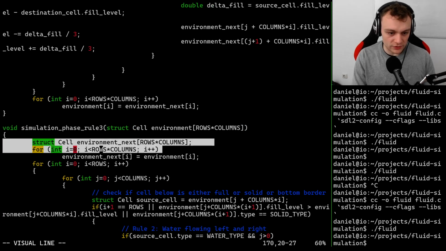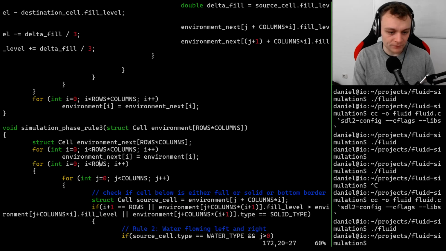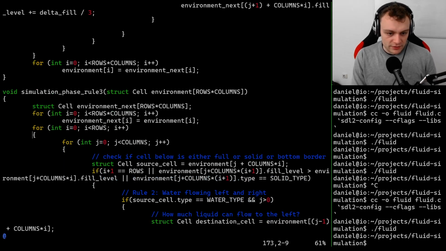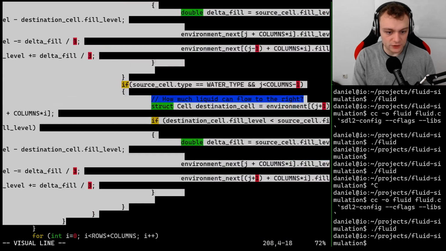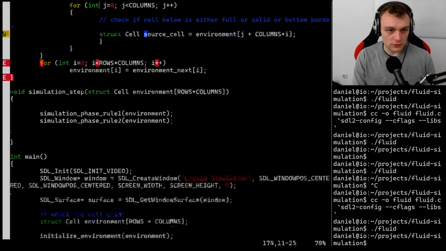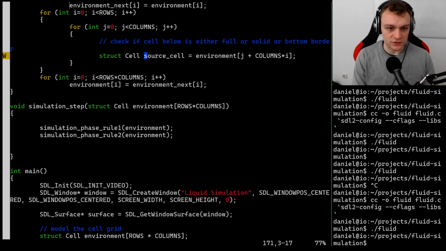We first copy the environment, or we initialize the environment next array, and then we loop over all the cells. We check the source cell. We can delete pretty much all the rules starting from here. And in the end, we copy the result into the environment. So that is okay.